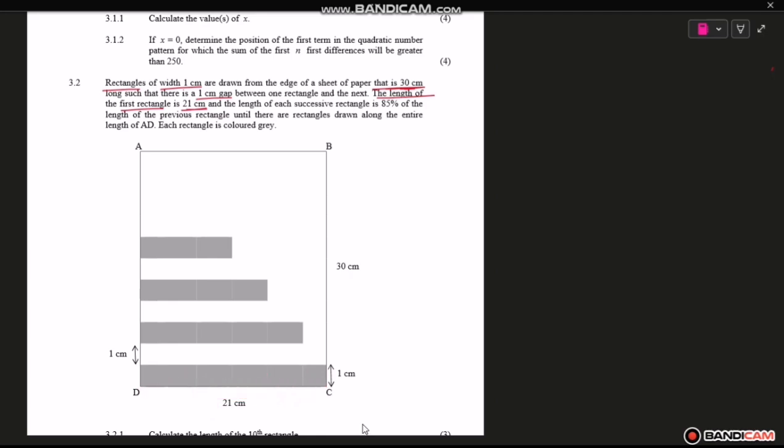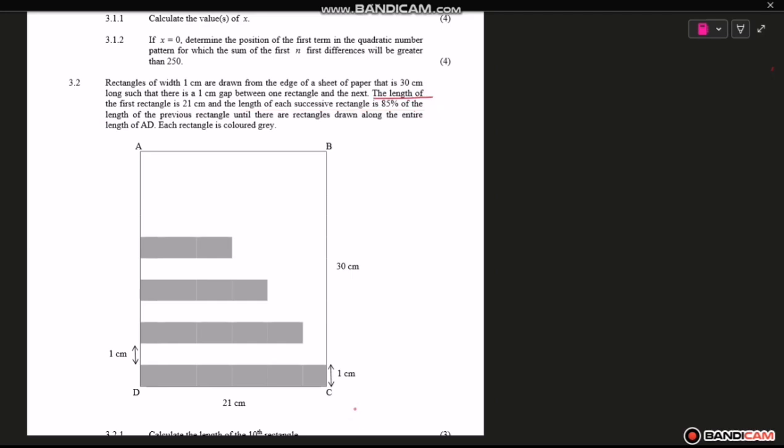And the length of each successive rectangle is 85% of the length of the previous rectangle. And there are rectangles drawn along the entire length of AD.